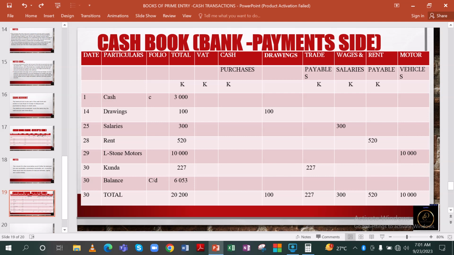Each column is named, and that name normally represents what account is going to be found in the ledger. So this analysis helps us to identify what payment or receipt is relating to, for us to open appropriate ledger accounts from those particular transactions. Okay, so that's what has been seen in this particular regard.